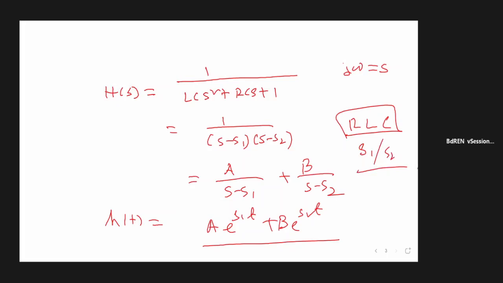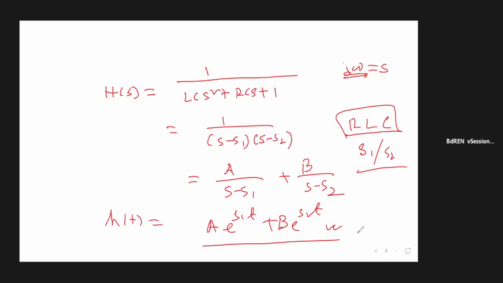This is a second order system. So in this way, what you can do, you can calculate your output, impulse response. Now the case is that in our case, as you know that we replaced S by j omega. So after having this thing done, you again replace your S by j omega. That will give you your h(t) by using Fourier transform.